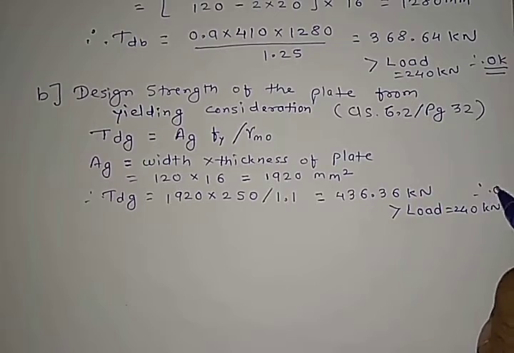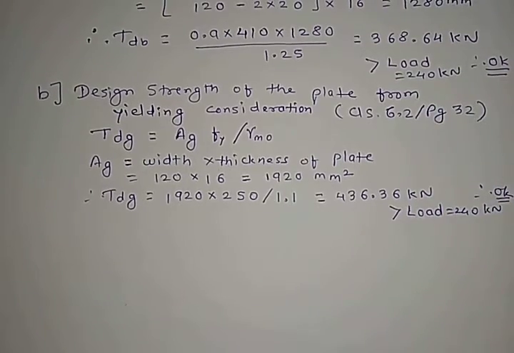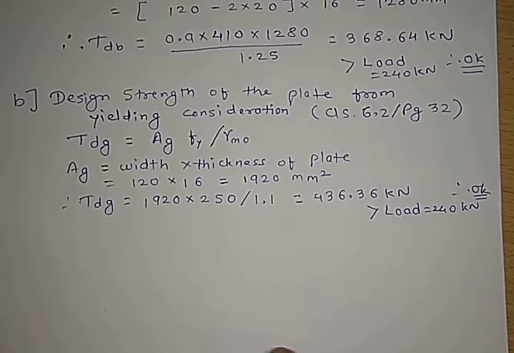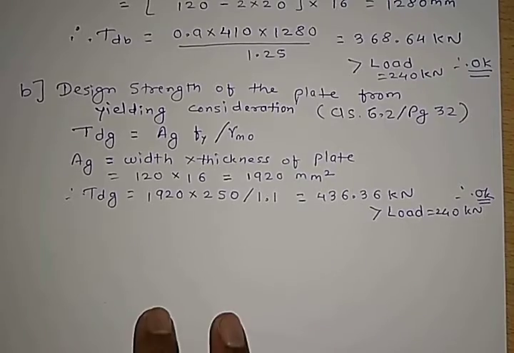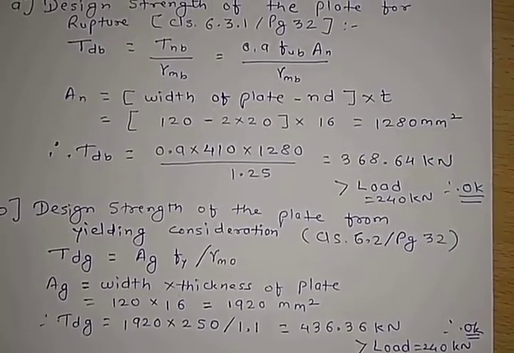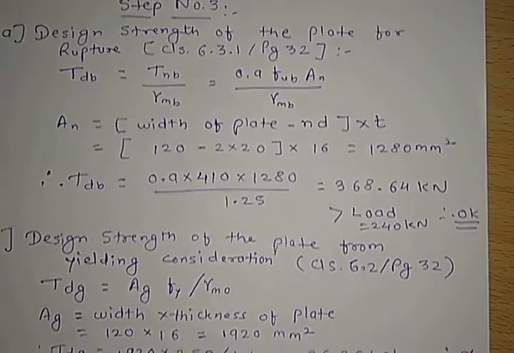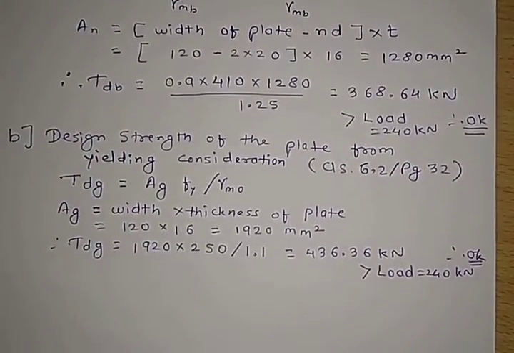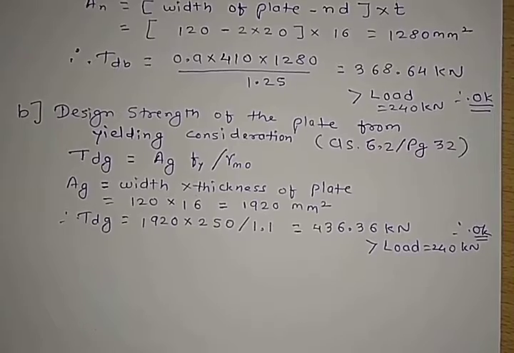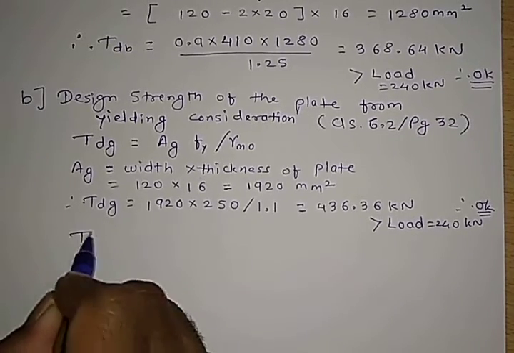Therefore you can say this is also okay, and this is again safe in terms of the yielding section. So this is not only safe against rupture but also safe against yielding consideration, and therefore we can say the design is safe.